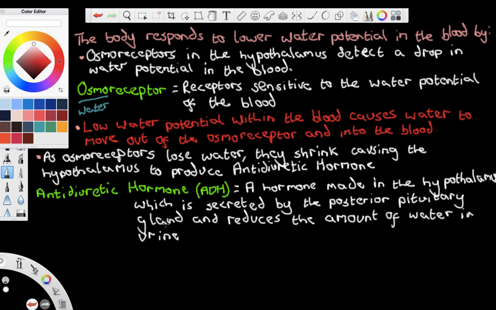So as the definition suggests, ADH is then released into the blood by the posterior pituitary.